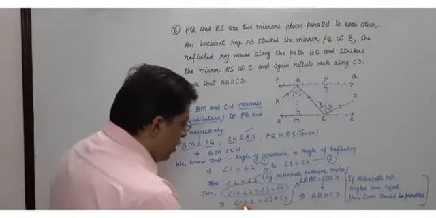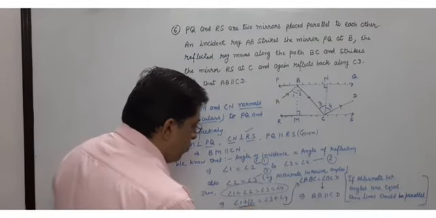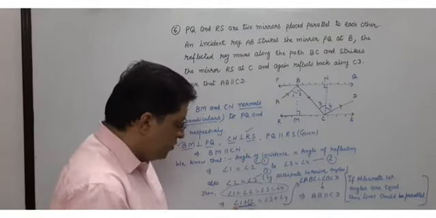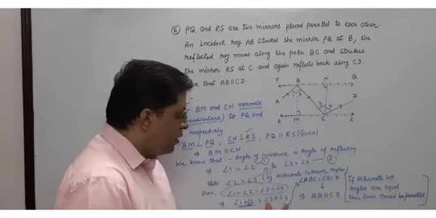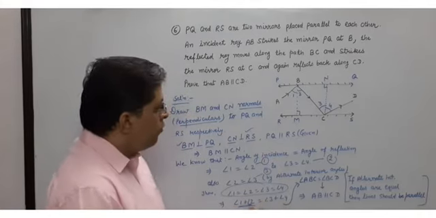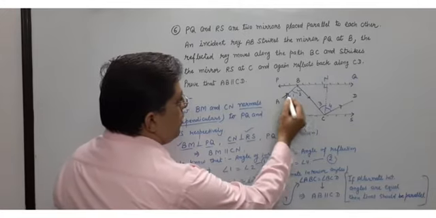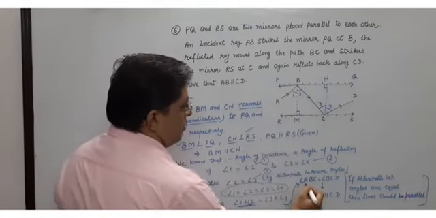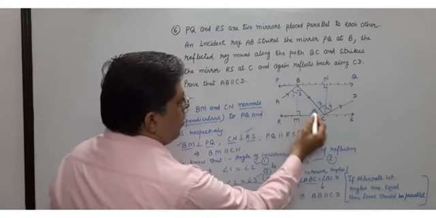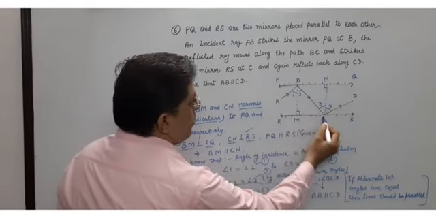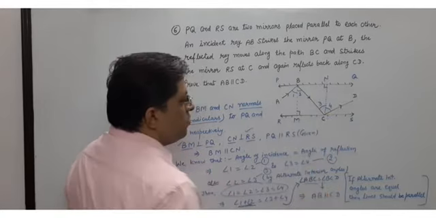Now see here, if I take angle 1 plus angle 2 and angle 3 plus angle 4. What do you mean by angle 1 plus angle 2? This is your angle ABC. And angle 3 plus angle 4 is angle BCD.